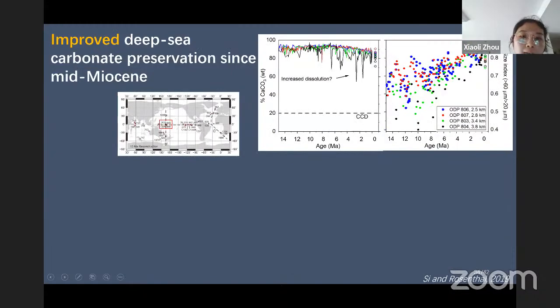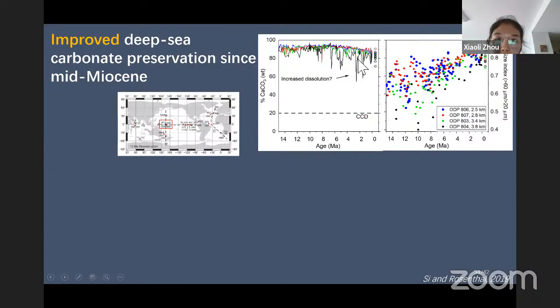So when we apply this proxy to the past, here I will show you the data from four sites on the Ontong Java Plateau. The left figure shows you the calcium carbonate percentage. It shows that these data have been slightly decreasing from maybe the late Miocene toward present.